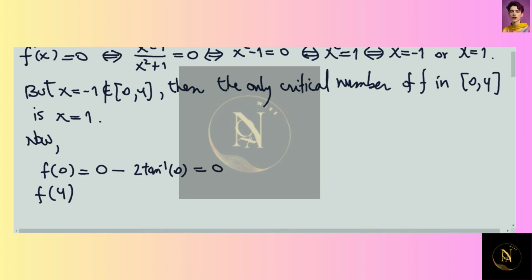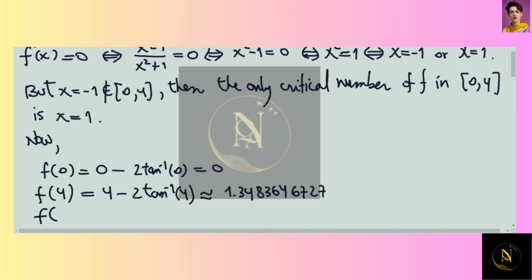And at the right endpoint 4, the function is equal to 4 minus 2 inverse of the tangent at 4. Using a calculator, we find that this value is approximately equal to 1.3483646727.